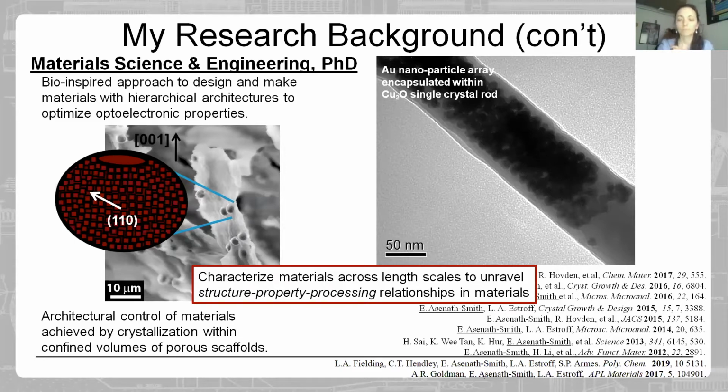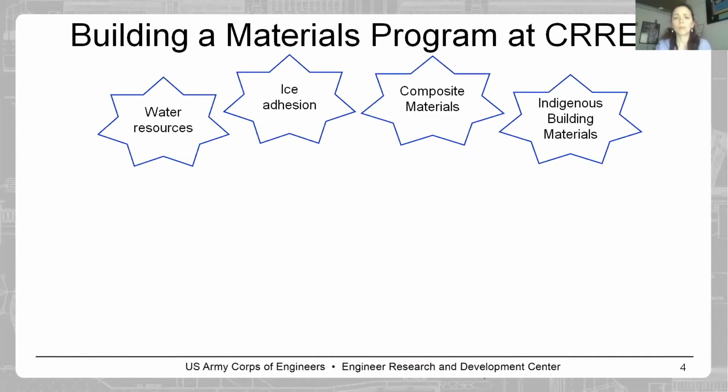So I came to CRREL and people said, what are you going to do in an ice lab? I said, well, they're thinking about water resources. They're thinking about adhesion, surfaces, interfaces, composite materials, and even how ice could be an indigenous building material.